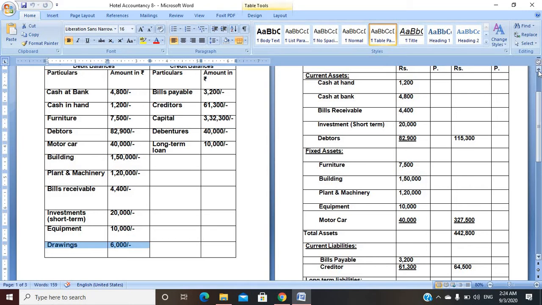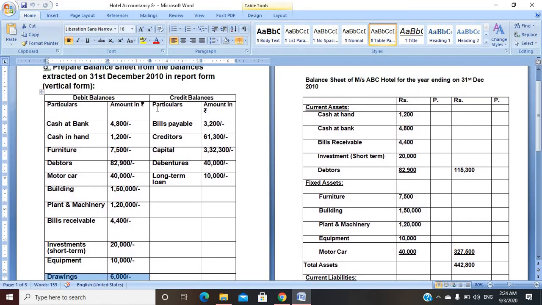All these are debit balances, and in credit balances we have bills payable 3,200, creditors 61,000, capital 3,32,300, debentures 40,000, long term loan 10,000. As per the question, debit means we have the assets column and credit means we have the liabilities column, right? So this is the information given in the question. We have to solve the balance sheet as per this question.